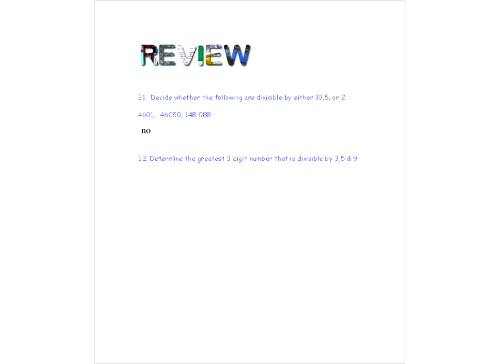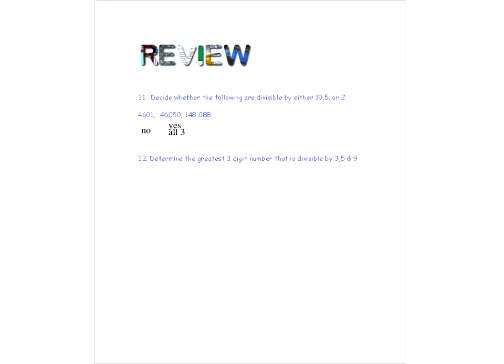All right. So how about the next one, 46,050? Do you think that's divisible by 10, 5, or 2? Yes, all 3, right? Sorry, I should have asked you guys. I should have waited. It's divisible by all 3. It's an even number, so it's divisible by 2. It ends in 0, so that means it's divisible by 10.